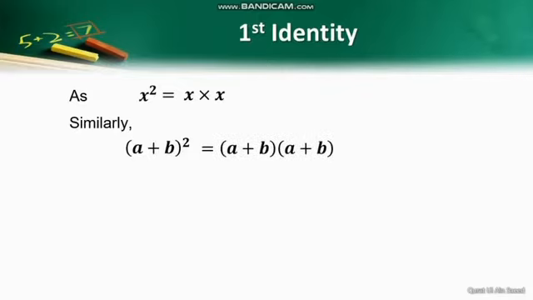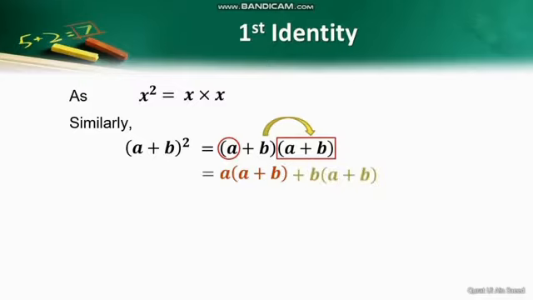The next step is to simply expand this product by distributive law. That is, the first term a of the first expression is multiplied with the second expression. You get a times a plus b. Then the second term b of the first expression will be multiplied with the second expression. Then you get b times a plus b. Then we have to solve these individual products to get a squared plus ab plus ab plus b squared.